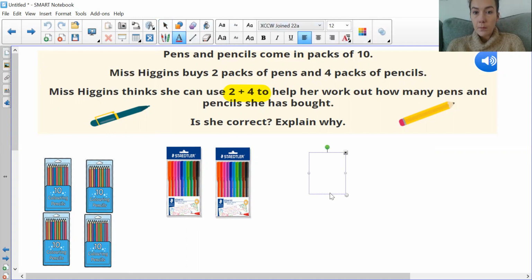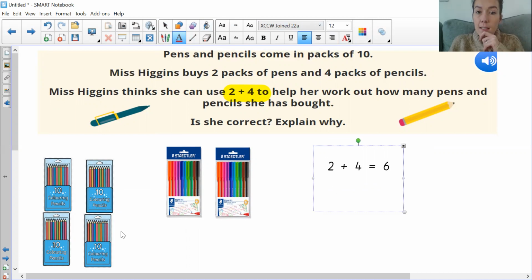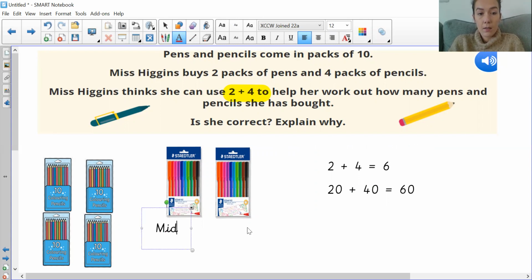Right, so Miss Higgins is saying that 2 add 4, which equals 6, can help us solve this. And she's correct, because there you've got 2 lots of 10, which is 20. And then you've got 10, 20, 30, 40. You've got 4 10s, which is 40. And we know that we just need to make it 10 times bigger. So Miss Higgins is correct.